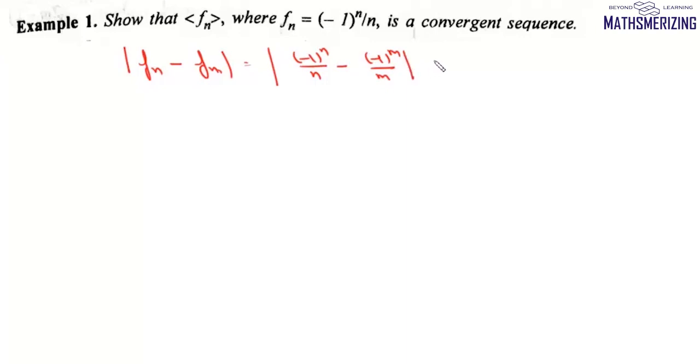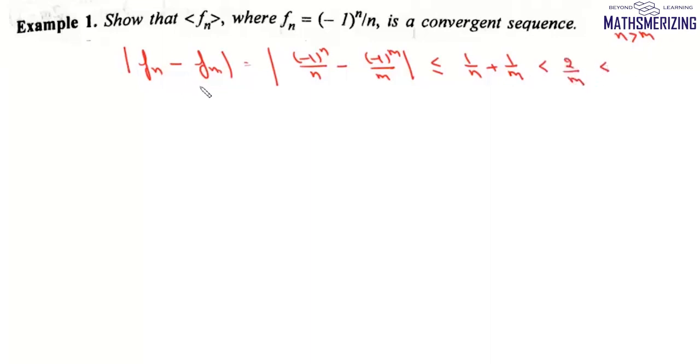Now this expression will always be less than or equal to 1 upon n plus 1 upon m, and if n is greater than m, then it will be less than 2 by m.